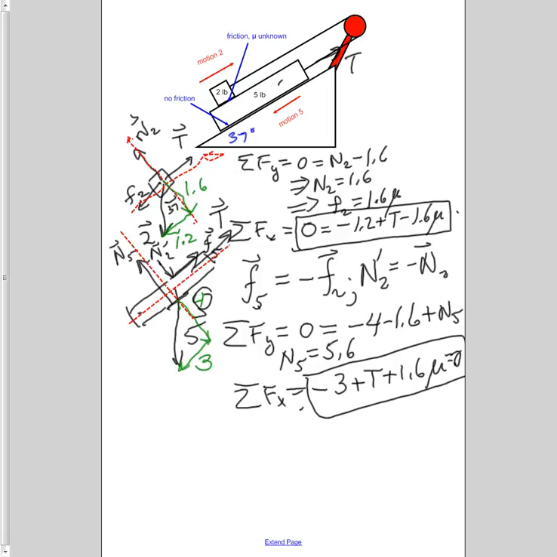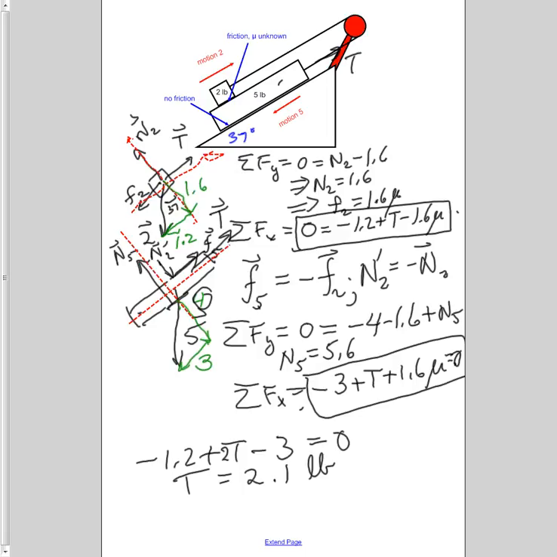What I get is -1.2 plus t, -3 plus 2t, sorry, equals 0. So t is equal to 2.1 pounds.